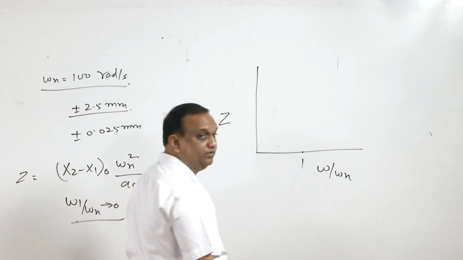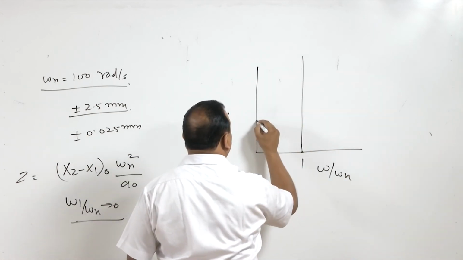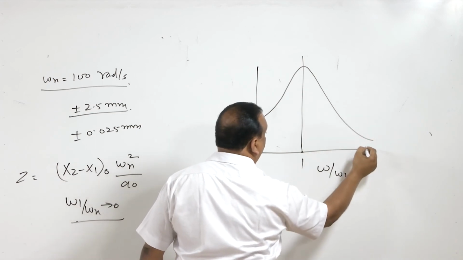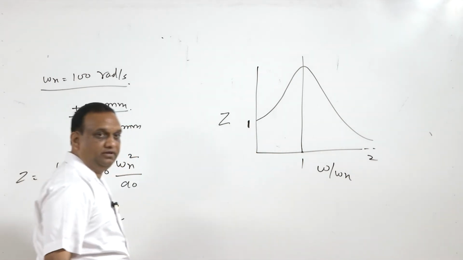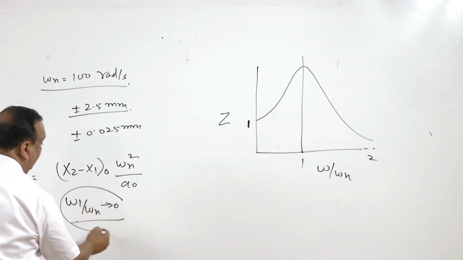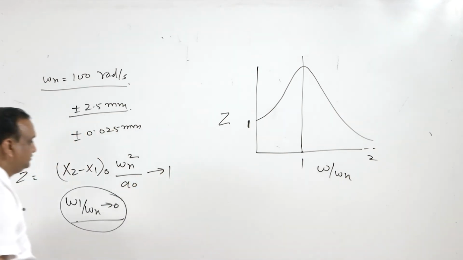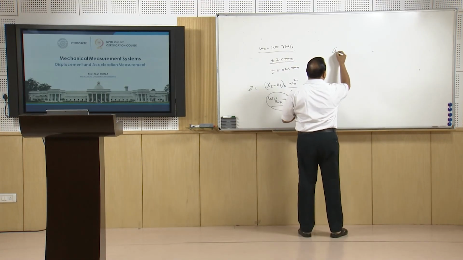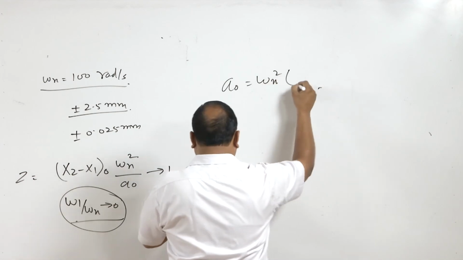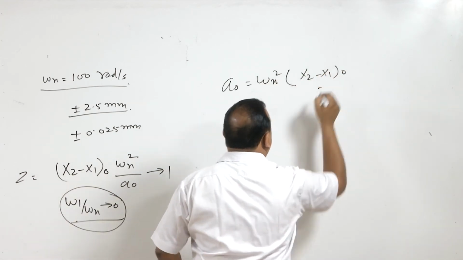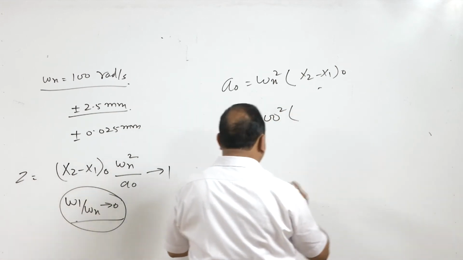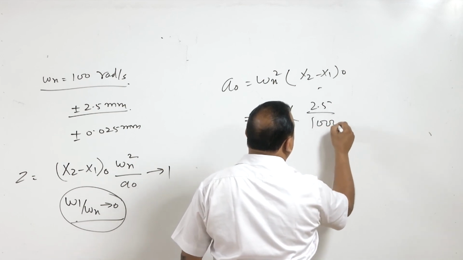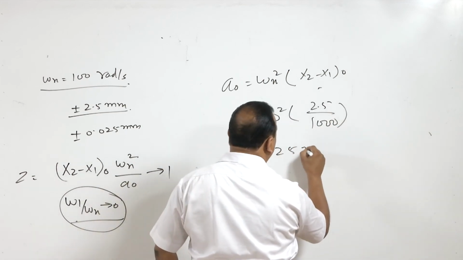When omega by omega n was 1, the Z parameter was the highest, and then it came down. When omega 1 by omega n tends to 0, this is equal to 1. So A0 can be written as omega n square times x2 minus x1 0. So it is 100 square times 2.5 divided by 1000, and we get 25 meters per second square.